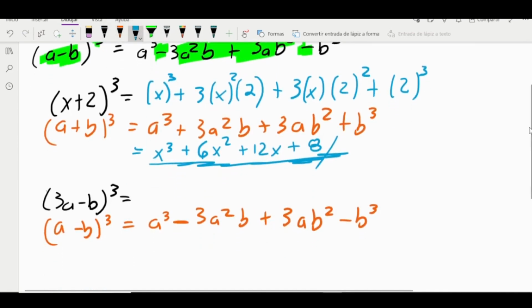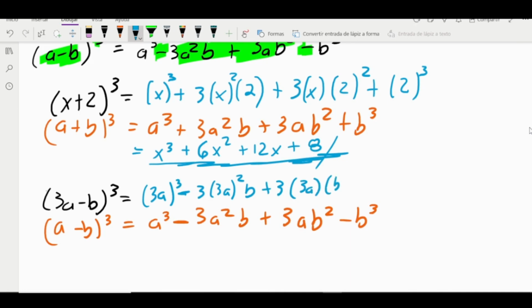So it's going to be 3a to the cube minus 3 times 3a squared times b, and we continue plus 3 times 3a times b squared minus b to the cube.